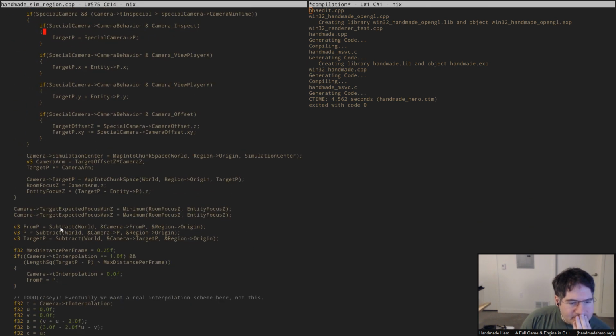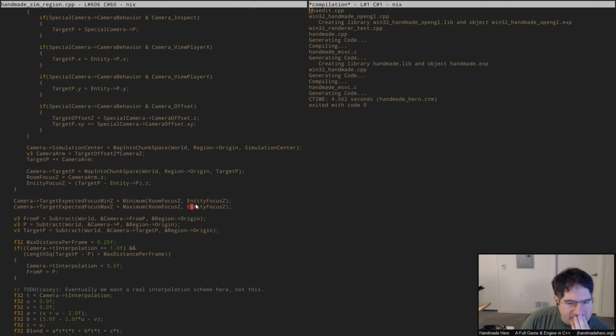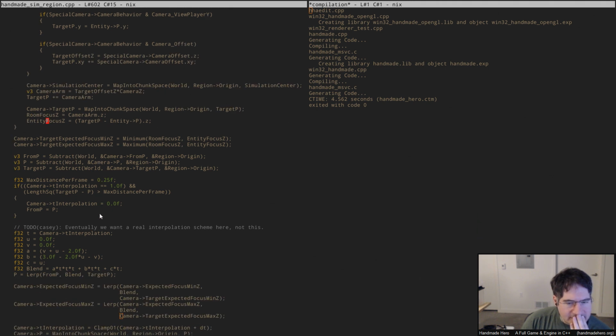Target P is always mapped, and the target expected focuses are always kept from the destination. And I wonder if that should just be based on the camera directly. I don't know. That's hard to say.